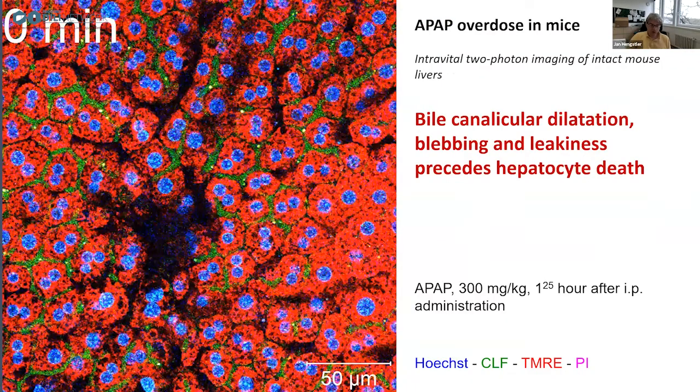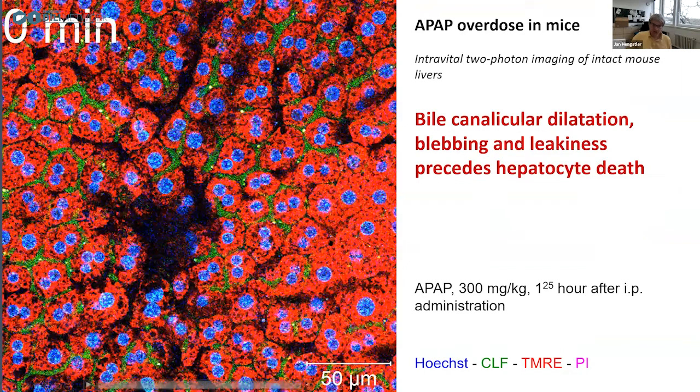And this motivated us to go a bit deeper and now apply intravital 2-photon imaging. This was one of the first observations which triggered us to think that something special happens.